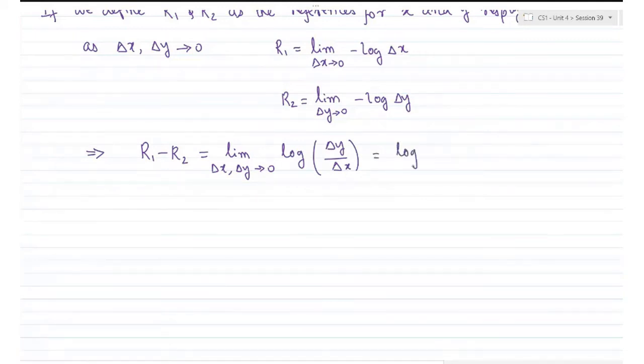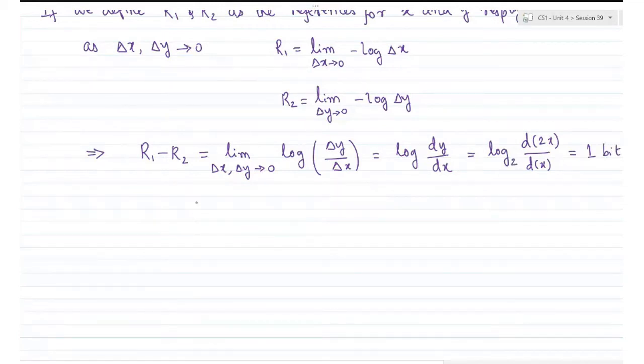This is nothing but, with the definition of continuous random variable, log of dy over dx, and we know that y is equal to 2x, so log of d of 2x over d of x, which, since the base is 2 here, will give me 1 bit.